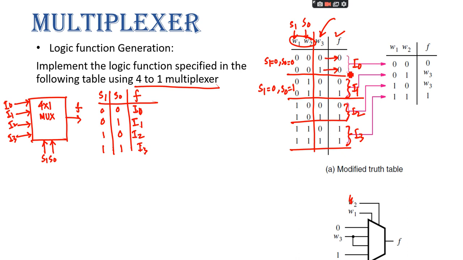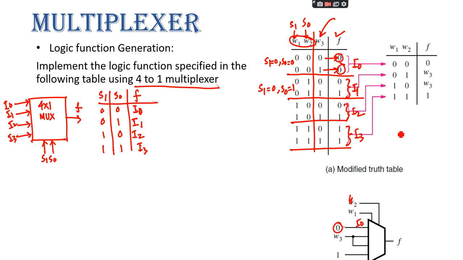So the output here is not dependent on W3, right? And the output is always 0. So here, the first input, I0, should be connected to 0, because in both cases the output is 0, right? Yes, sir.